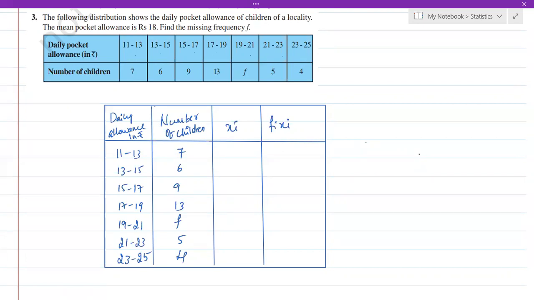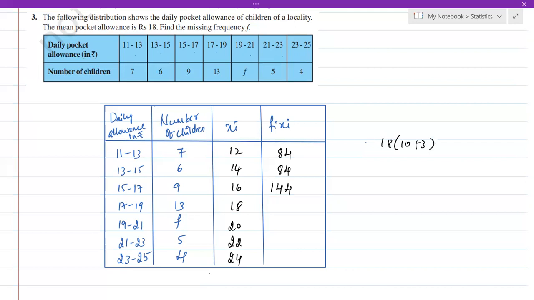So here xi will be, for the first interval 11 to 13, xi is 12, then 14, 16, 18, 20, 22 and 24. Now fi xi, so we have to multiply fi and xi. 12 sevens are 84, 14 sixes is also 84, 16 nines are 144, 18 into 13.